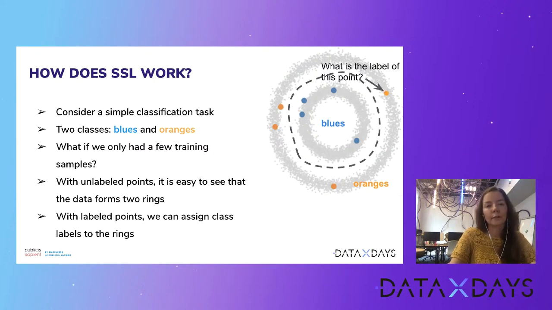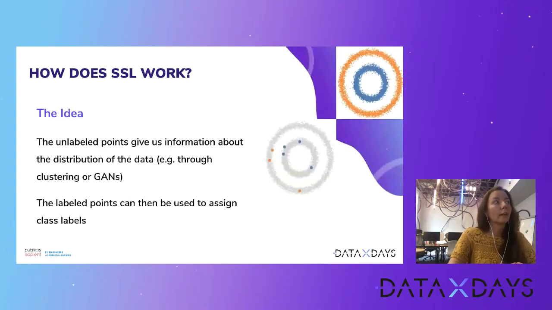And then we can assign the correct label to this data point that we were curious about. So that makes us happy. Right. So overall, the main idea of semi-supervised machine learning is that the unlabeled points give us information about the data distribution that we're dealing with, and then we can use the labeled points in order to assign class labels.